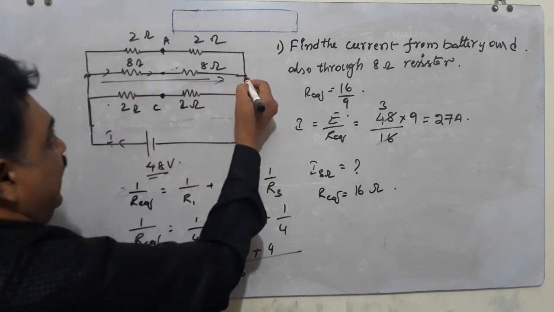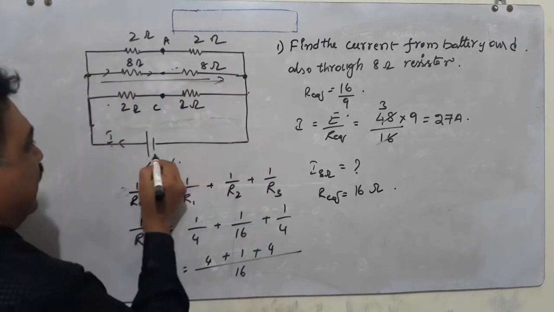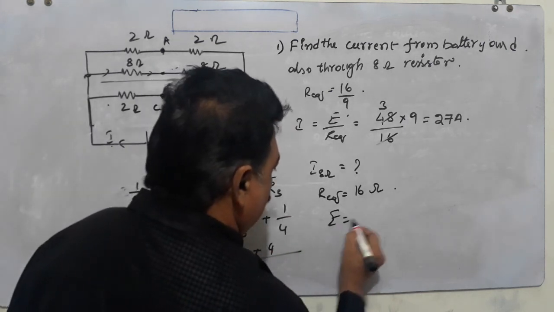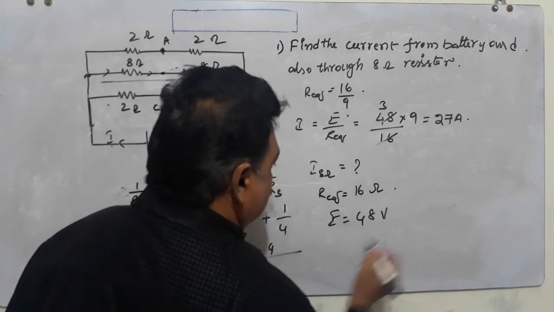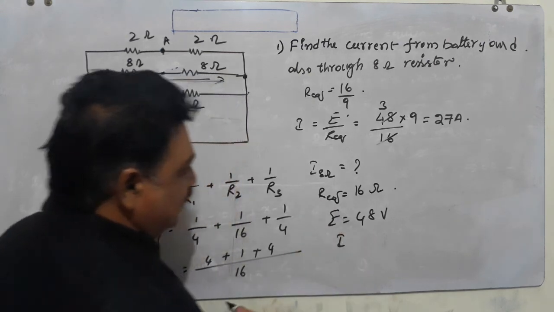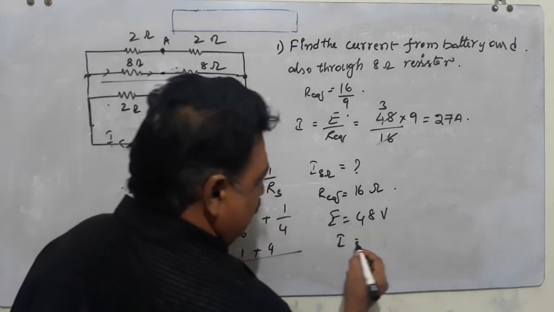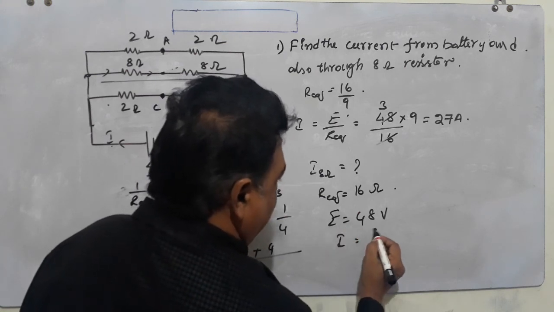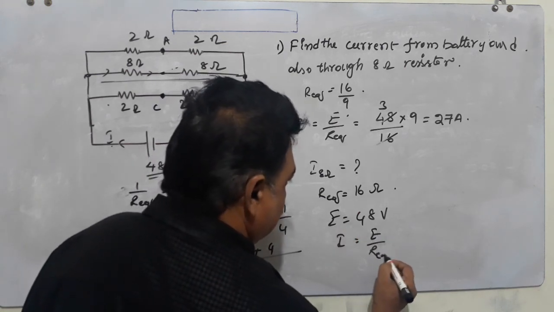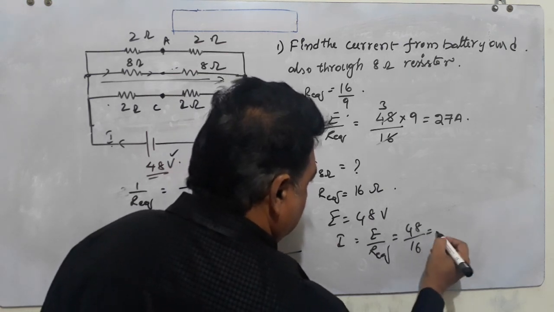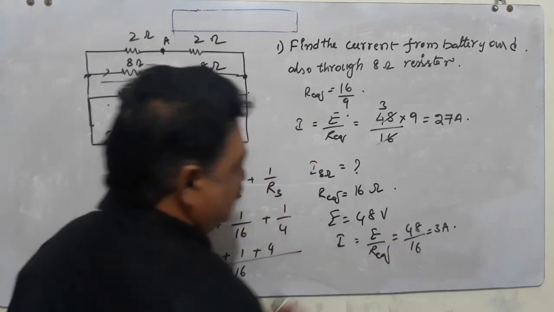And these end points, terminals are connected to the same battery. So that E equals 48 volts. What is the current in this path? Current I is equal to E by R equivalent. So 48 by 16, this is equal to 3 amperes.